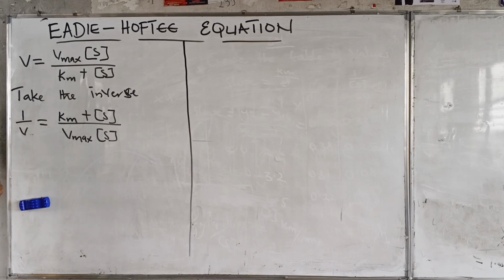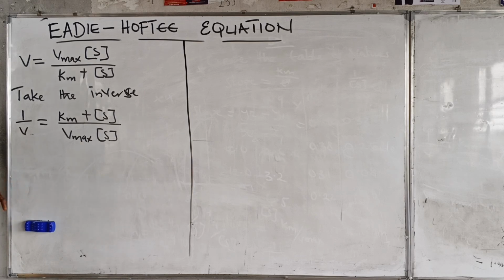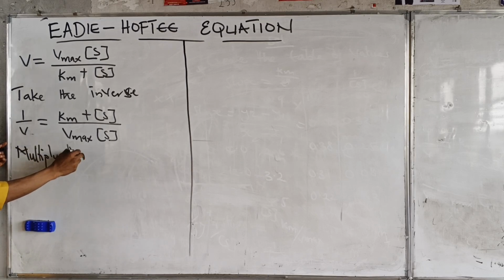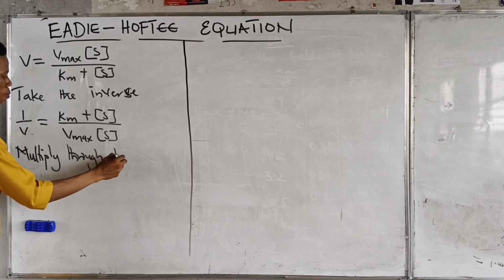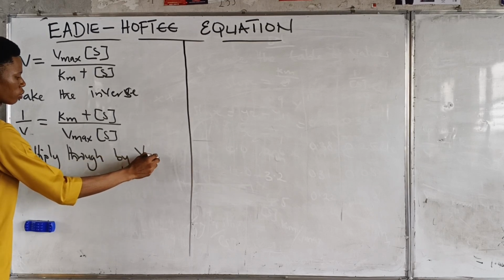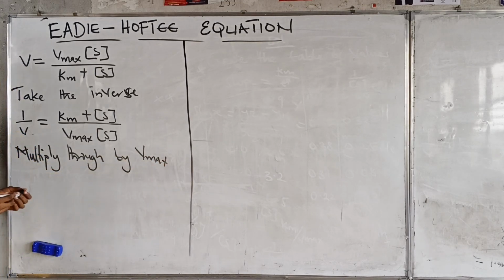The next thing Eadie did, please listen up here, was he multiplied through by Vmax.